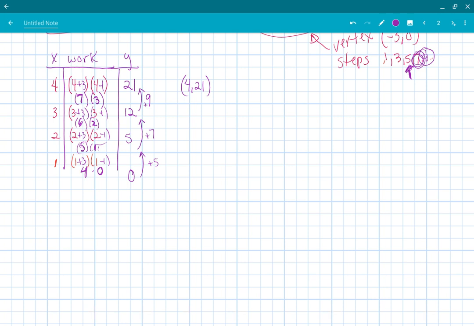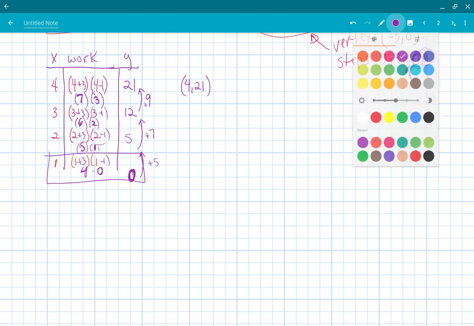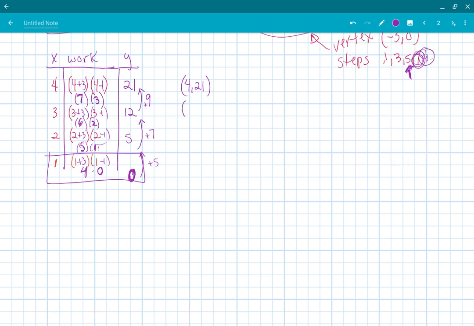So 4 times what is 0? 0. All right. So this is a really important number right here, and let me tell you why in a second. Let me just put all the coordinates. (3, 12), (2, 5), (1, 0).